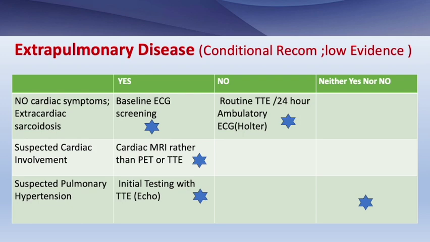However, if you do feel there's an involvement of the cardiac system, which may be in the form of palpitations, arrhythmias, or a change in heart rate, then you must go ahead and do a cardiac MRI, which is very important, instead of going for a PET scan or a transthoracic echo.